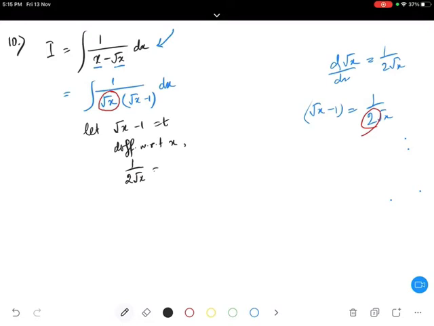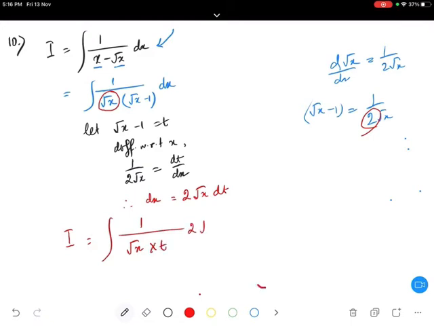And derivative of t is dt by dx. Then we have to find dx. Therefore, dx is equal to 2 root x dt. Now let us put in I. So I will become integration of 1 divided by root x. Now in place of root x minus 1, I will write t. And in place of dx, I will write 2 root x dt.